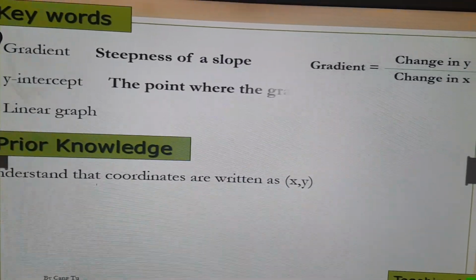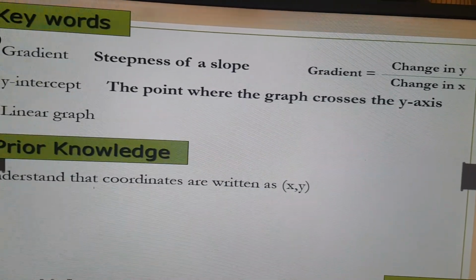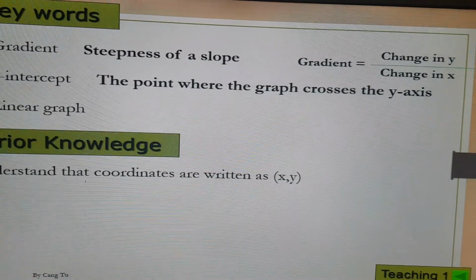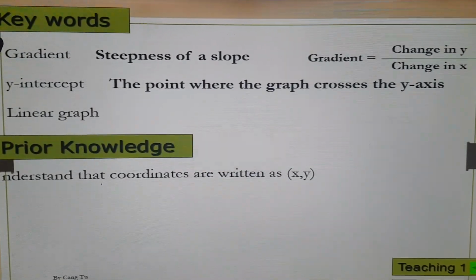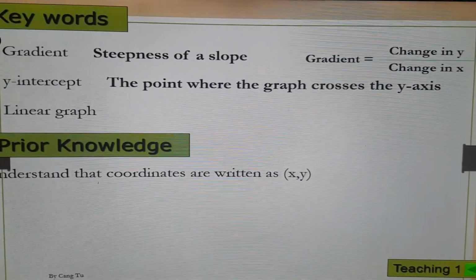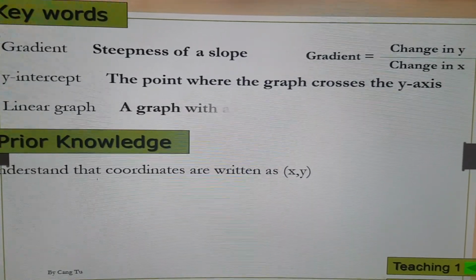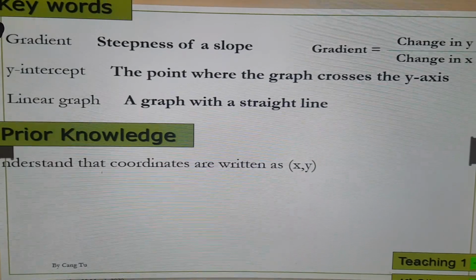The gradient tells us the steepness of a line, how steep a line is. Another word for gradient is slope. The gradient can be calculated by the formula changing y over changing x. And the y-intercept is the point where the graph crosses the y-axis. A linear graph is a straight line, a graph with a straight line.